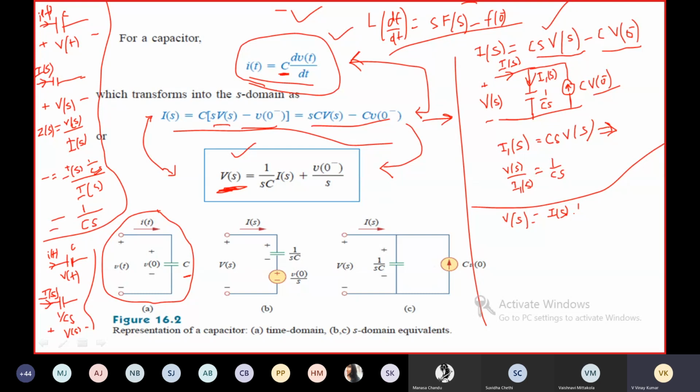V of s is equal to I of s into 1 by CS plus V of 0 minus by S. We are going to get a series connection because we have the voltage equation V of s, where I of s is the current flowing through this element. First part is I of s into 1 by CS, plus a voltage source of V of 0 minus by S. So V of s is equal to I of s into 1 by CS plus V of 0 minus by S.